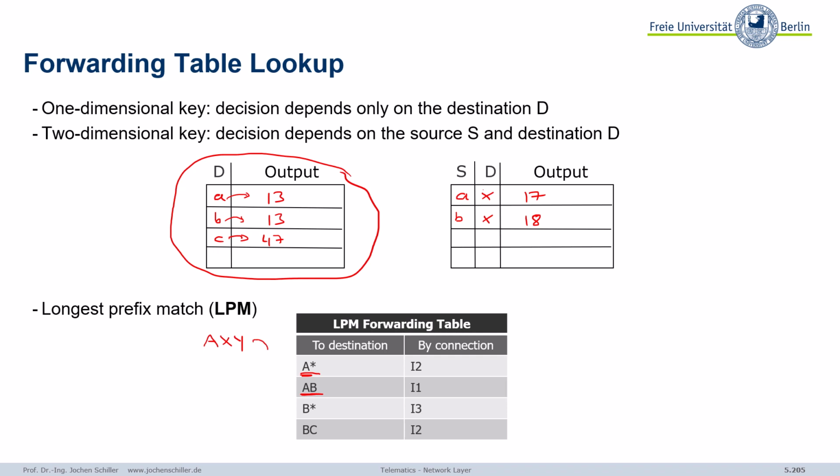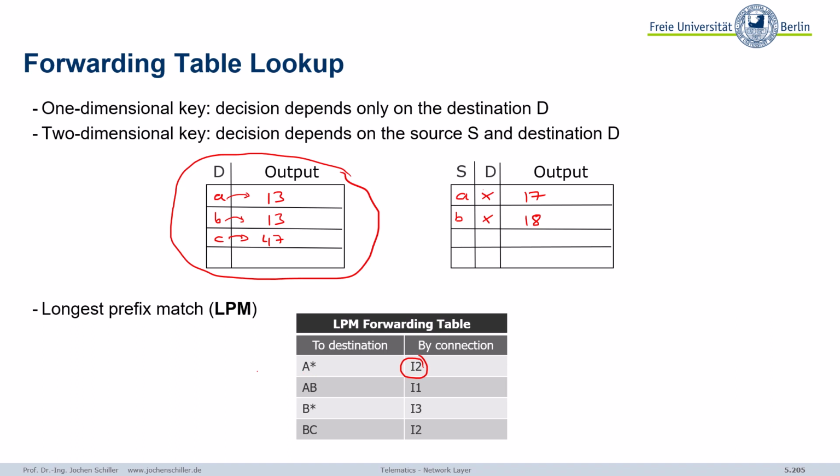Then you check for the longest prefix match. It's this one, and then the output is interface 2. If you have a packet that starts with ABX whatever, where A and B mean simply, for example, bits and bytes from the addresses, that's the idea. You can also do something else. Longest prefix match, as I said, is the way internet routers do this.